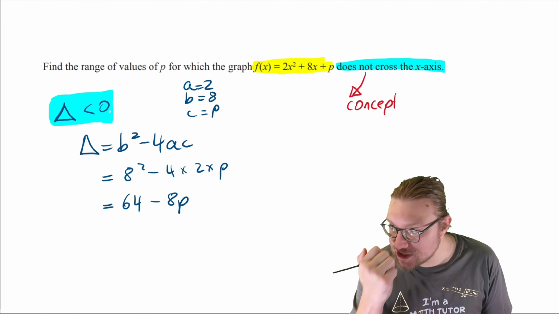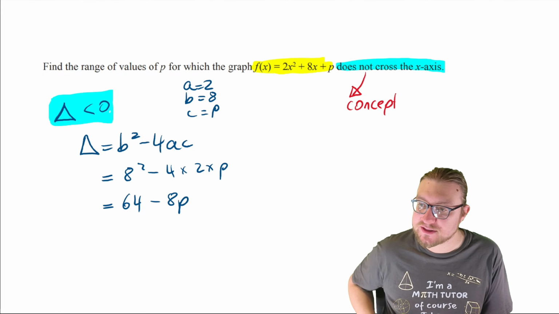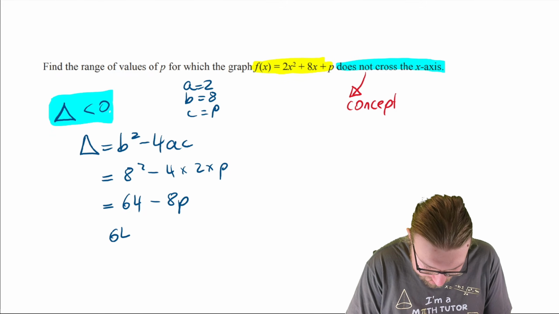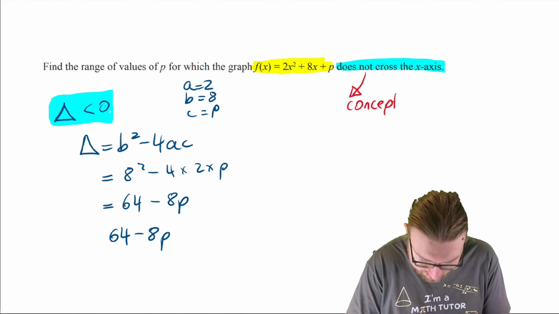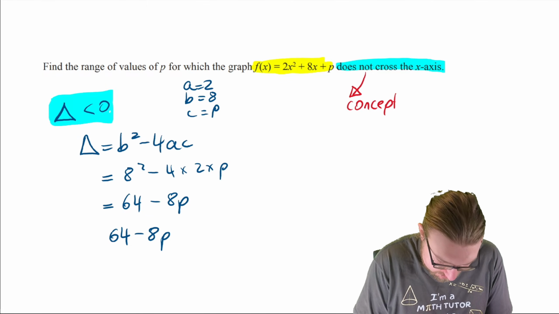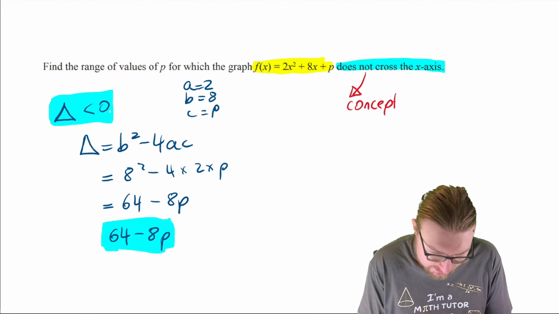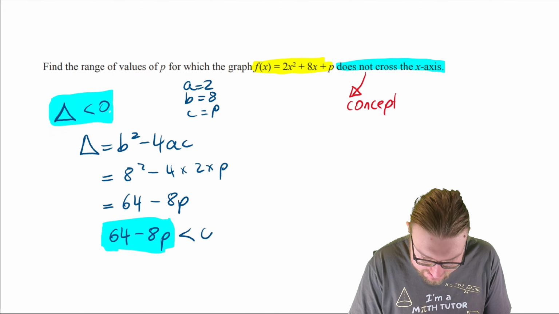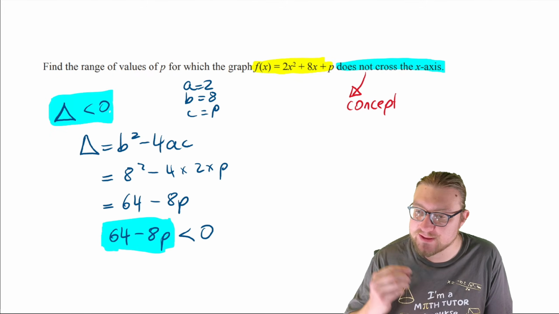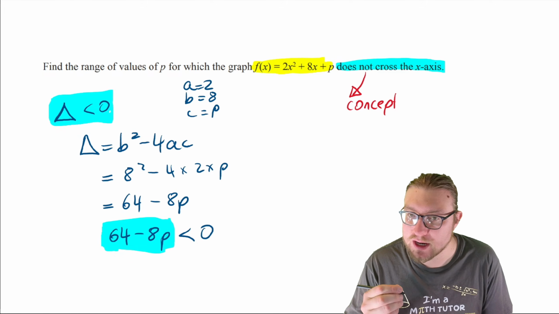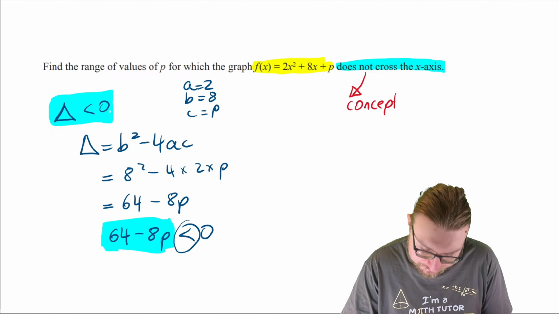Now, this question here tells us that the discriminant itself is negative. So now we get a different equation. We know that this number here, whatever it is in terms of p, is a negative number. And if we say that this is less than 0, that means we can solve an equation now that has an inequality sign.